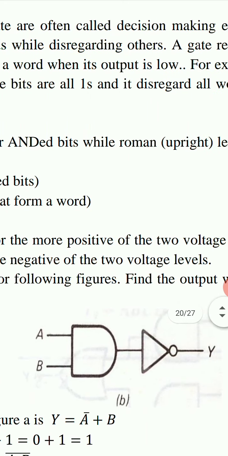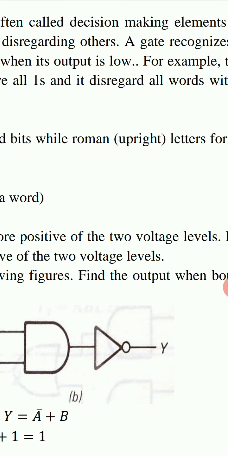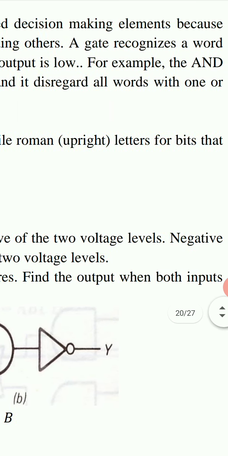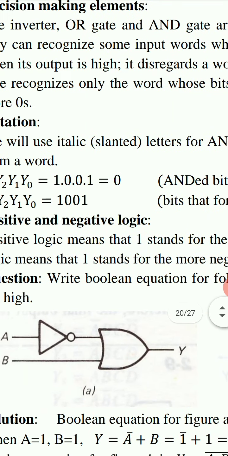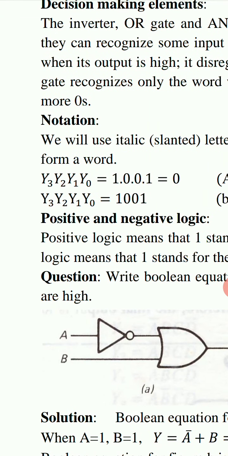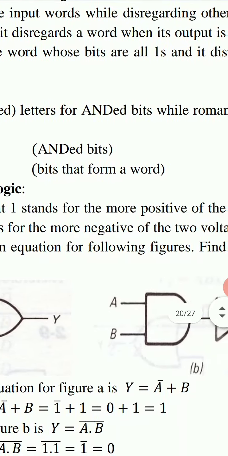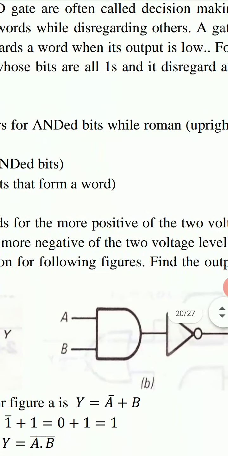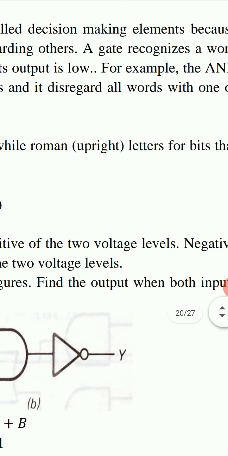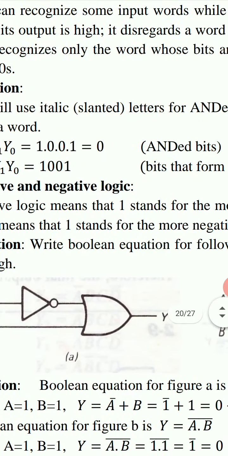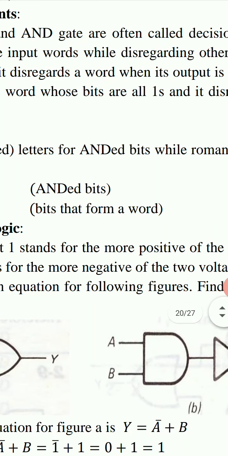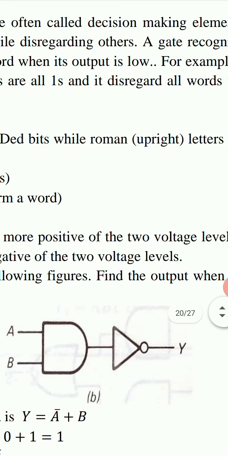A gate recognizes a word when its output is high. When the output of some gate is high, it recognizes the word at its input. It disregards a word when its output is low.